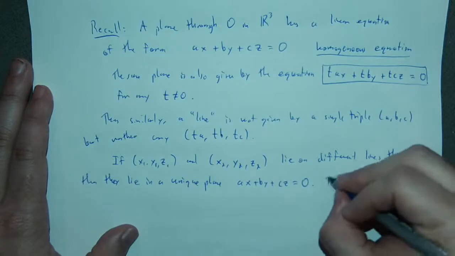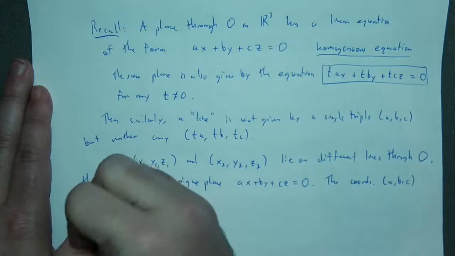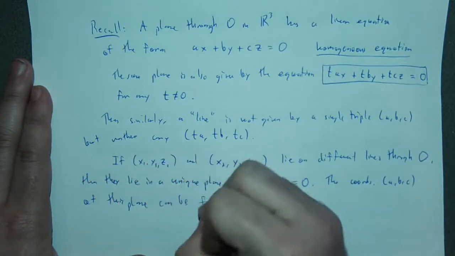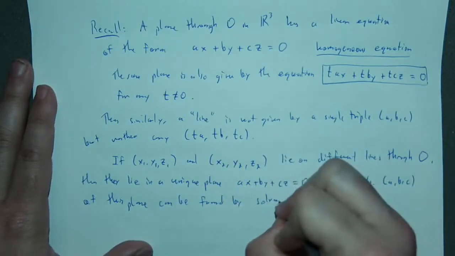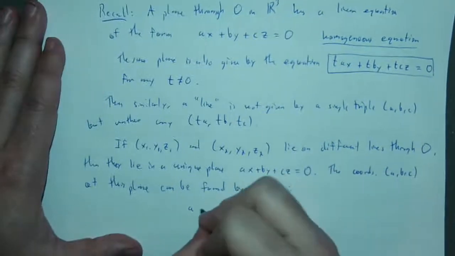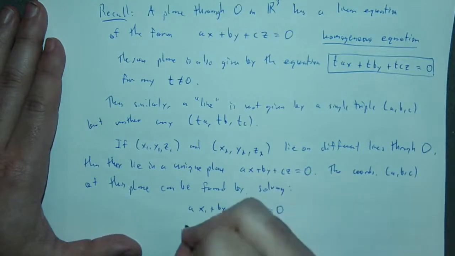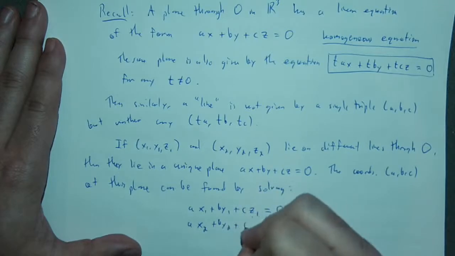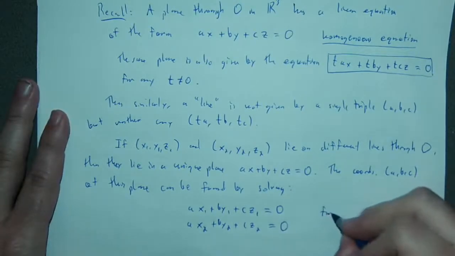To find this, the coordinates ABC of this plane can be found by solving the two equations simultaneously: ax1 plus by1 plus cz1 is equal to 0, and ax2 plus by2 plus cz2 is equal to 0, by solving these for a, b, and c.